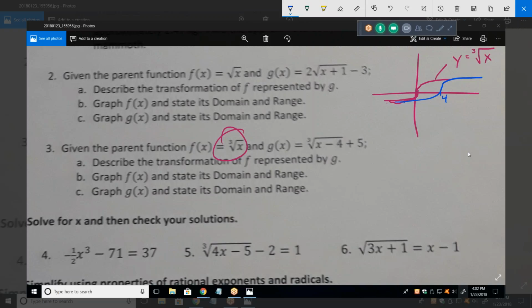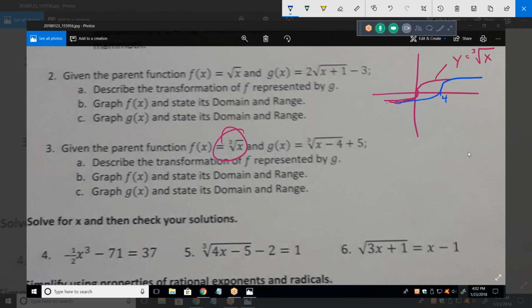Some of these transformations change the shape. When you have stretches and shrinks and reflections, you change the shape. But when you have shifts only, whether they're horizontal or vertical, it does not change the shape.